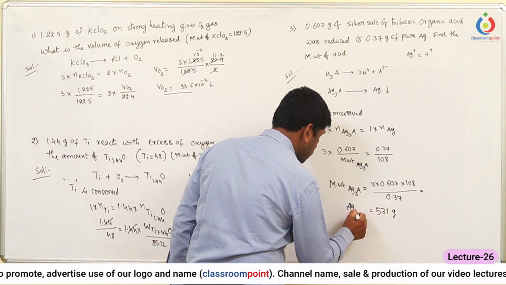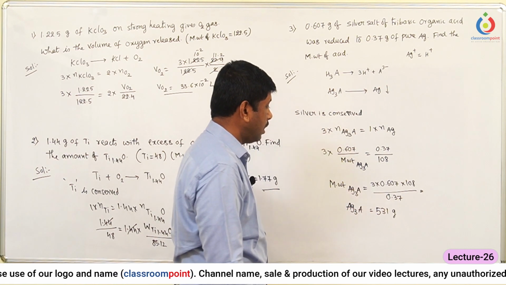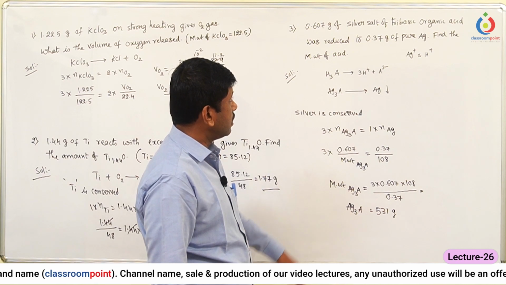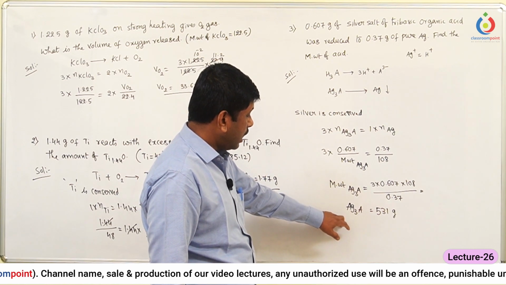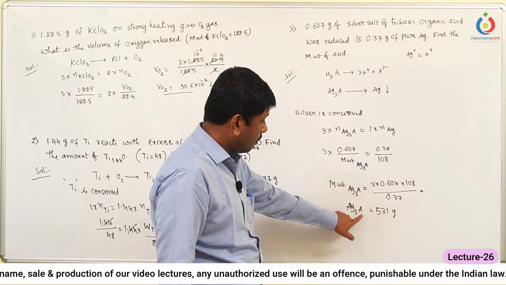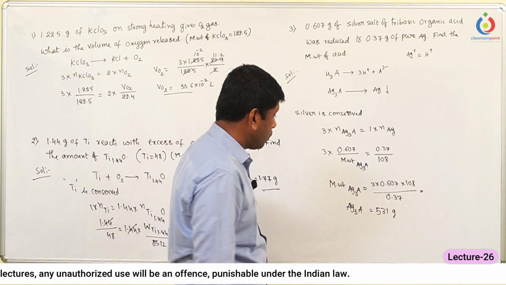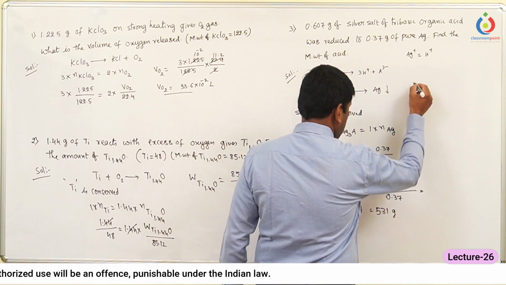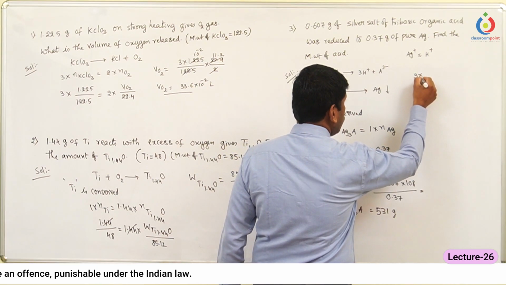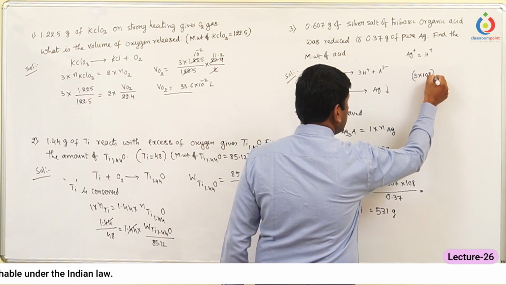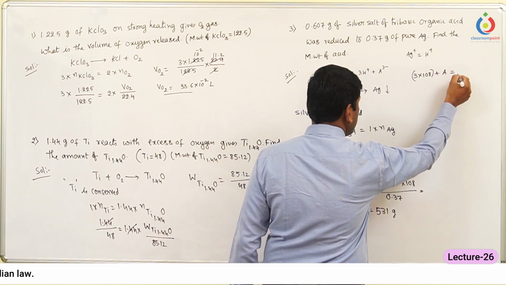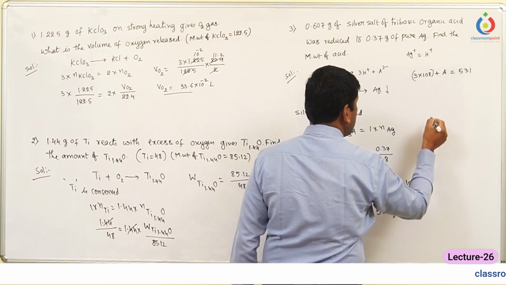531, that is the silver salt of the carboxylic acid. So that organic acid salt has 3 silver atoms and 1 organic anion, the carboxylate anion. So it could be Ag3A. So 3 into 108 plus A is equal to 531.